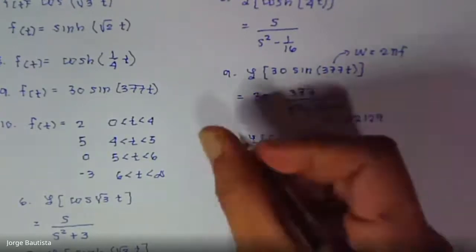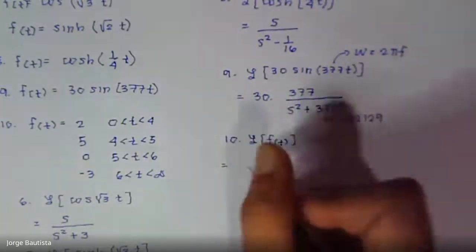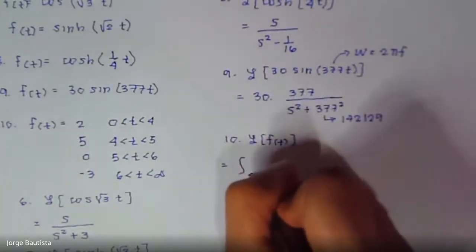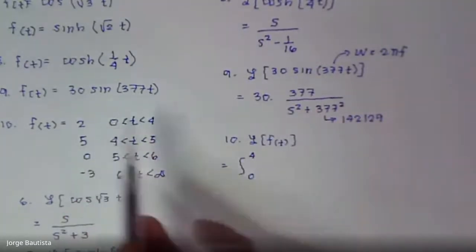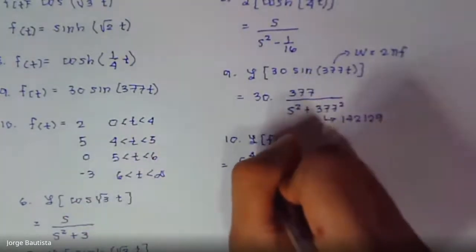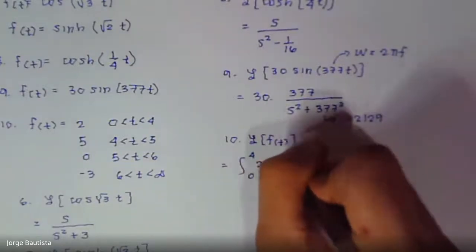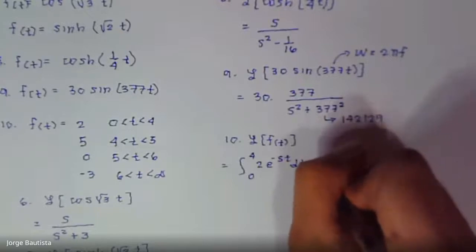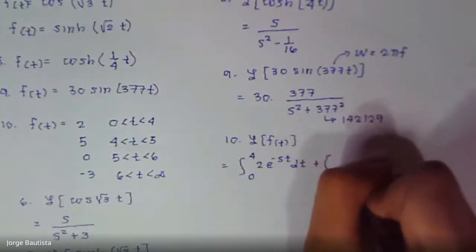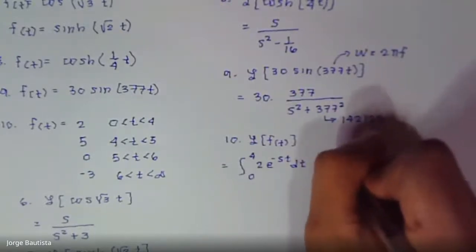Okay? So, that is integral from 0 to 4 of 2 e raised to negative st dt plus integral from 4 to 5.